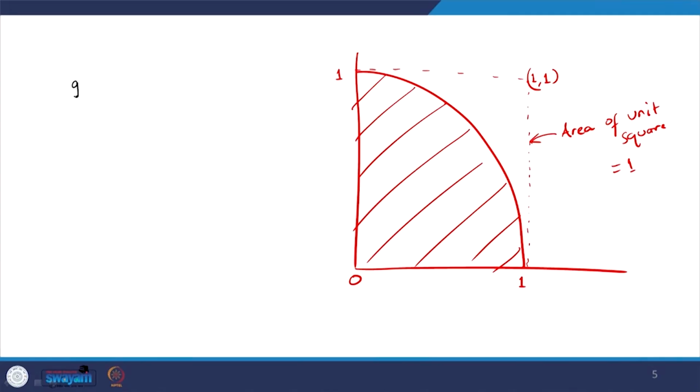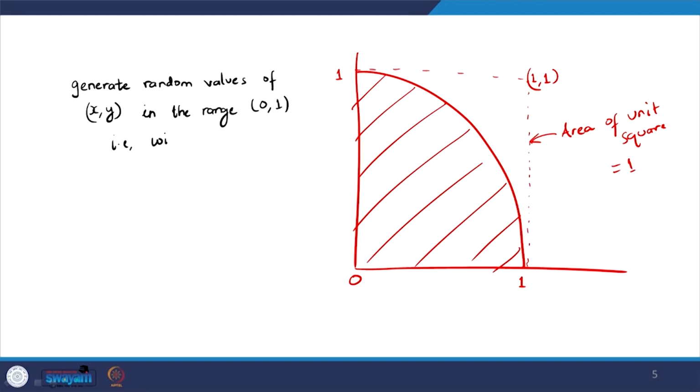I will generate random values of x, y in the range 0 to 1, that is within the unit square, right. So, I randomly generate points between 0 and 1 for x and 0 and 1 for y.